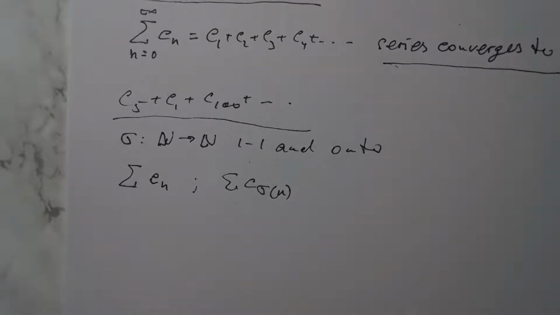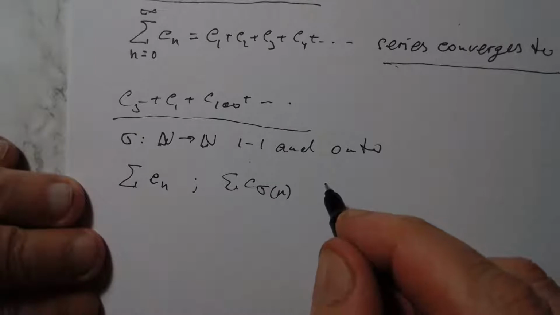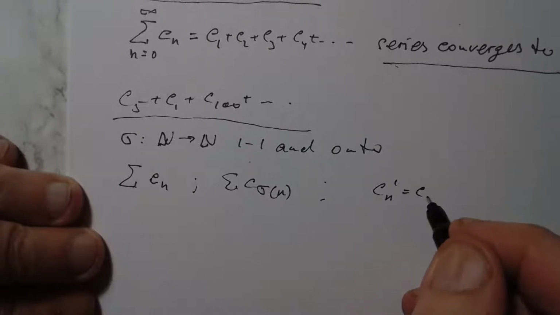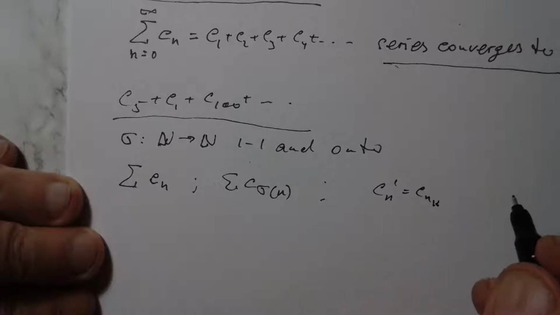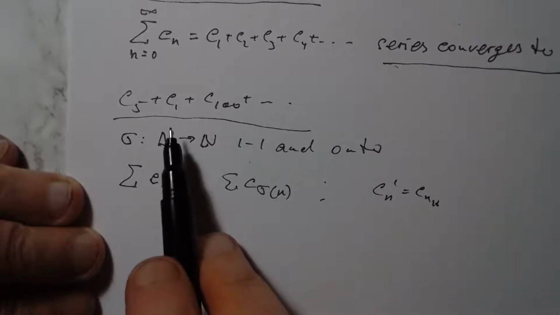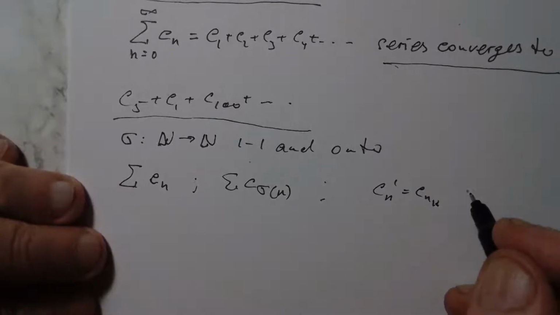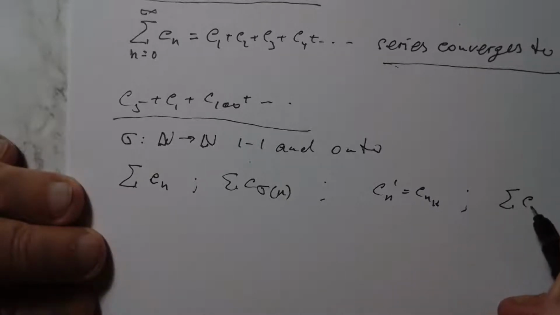Okay, Rudin doesn't go this way. He is doing something hopefully a little bit different. He is talking about the numbers Cn prime, which are equal to C sub n_k. So it's one of those numbers of C's, except it assigns a different order once again, and he is looking at the series Cn prime.